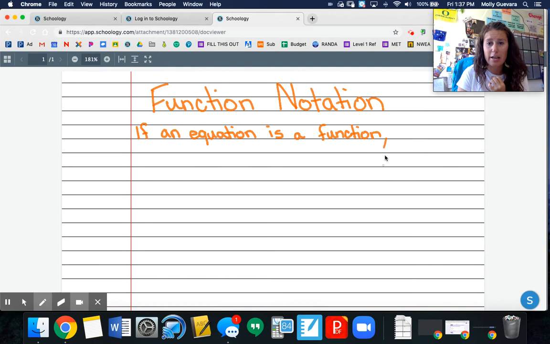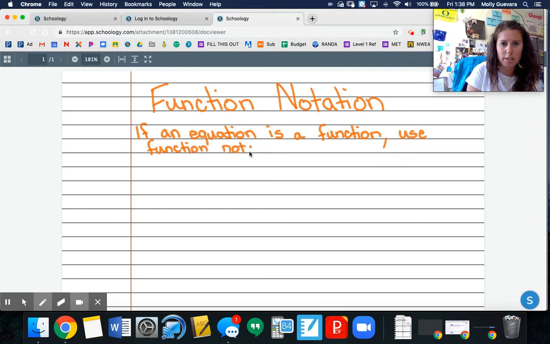So if there's only one output per input, then we can use function notation.